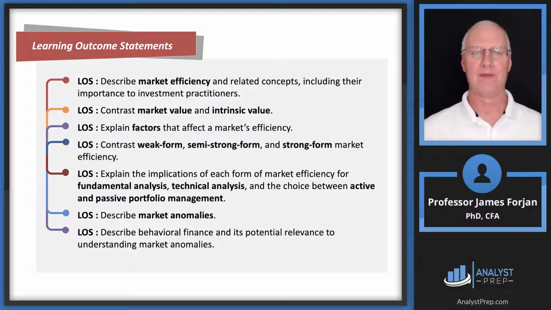And then we'll go ahead and finish with a conversation on some pockets of inefficiency, which the academic world has identified as market anomalies. And then we'll have a fairly brief discussion on behavioral finance. And I say brief because we're going to have a much deeper conversation in at least level 2 and perhaps even in level 3 on behavioral finance.